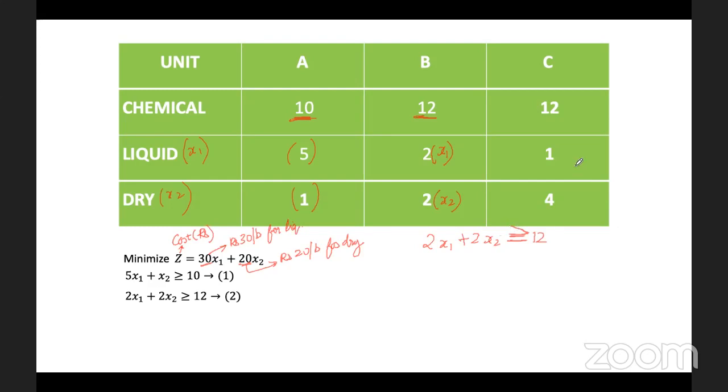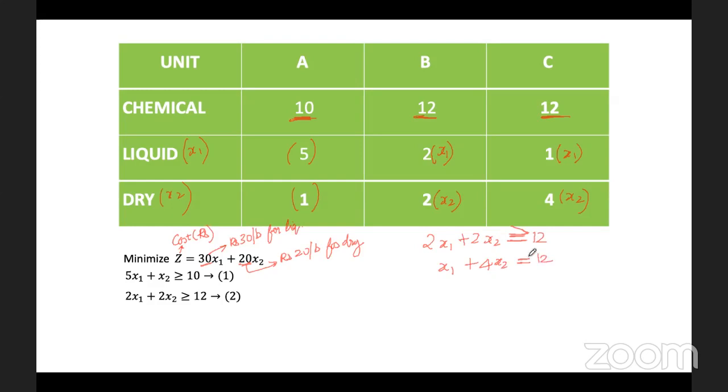Again, we have one more final equation. So here chemical C, of course, is the minimum requirement in the workshop 12, out of which 1 should be a liquid and 4 should be a dry product. So which means it is x1 plus 4x2 minimum requirement, so equal to 12.